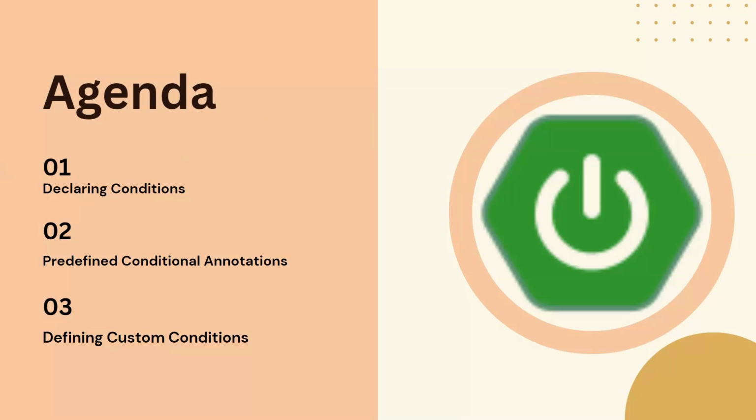Let's take one scenario: if we are using a database connection while testing in a test environment, then we require a connection to a remote system or application server that is not available during the test. So we want to exclude or replace those beans during the test. We can easily achieve that with these conditional annotations.